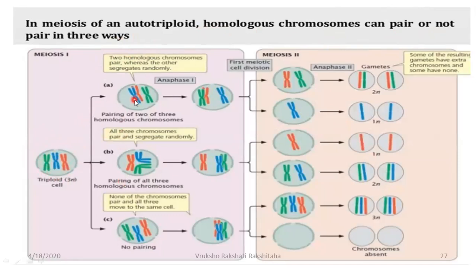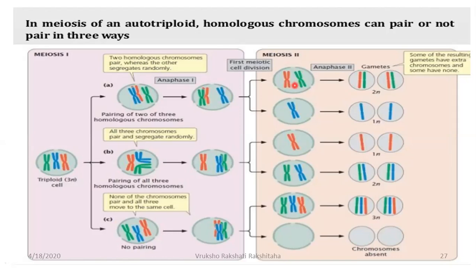You can see here that these 2 chromosomes have paired, whereas this one has not. When this cell moves to anaphase I, these 2 chromosomes move towards one pole, and the other chromosome moves towards the other pole.